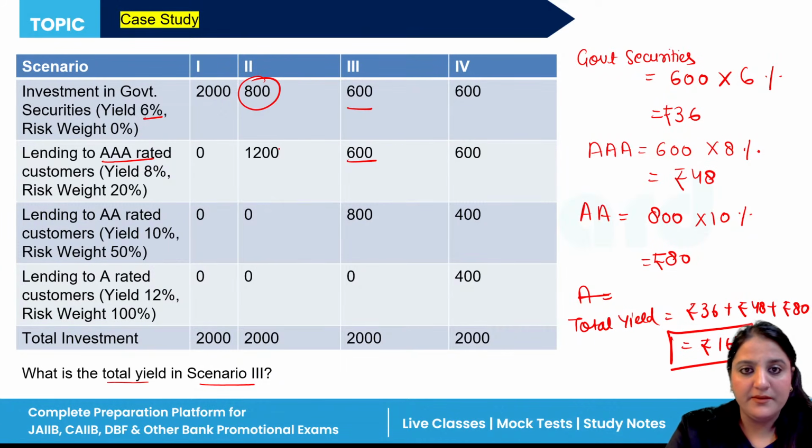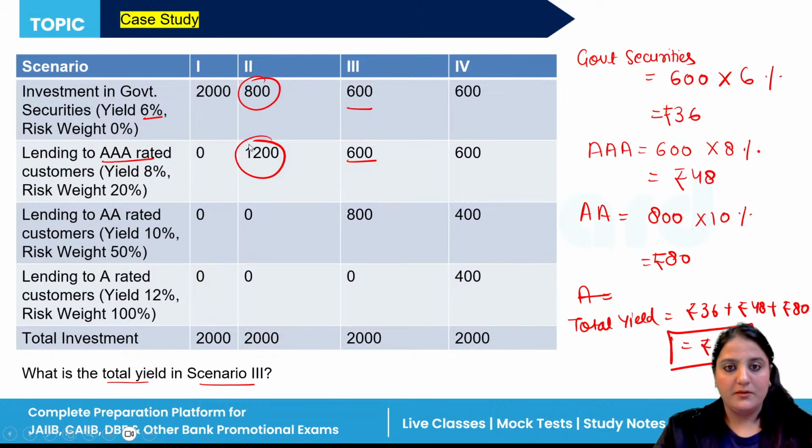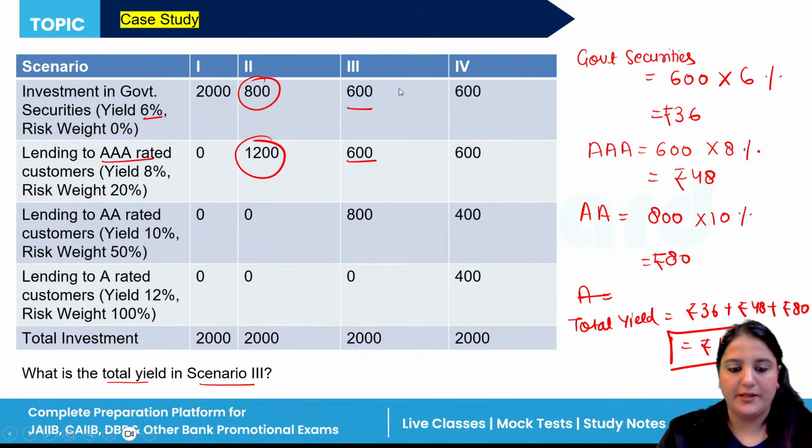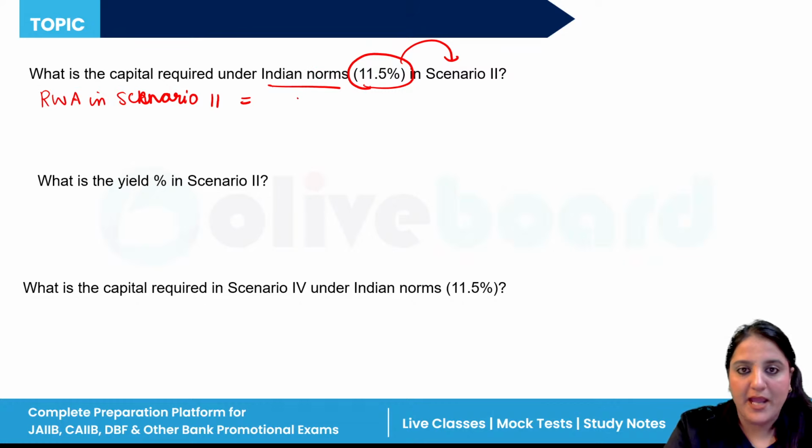Then 20% of 1200, which equals 240. Okay, so 240. Then we have to calculate 11.5% of this 240.